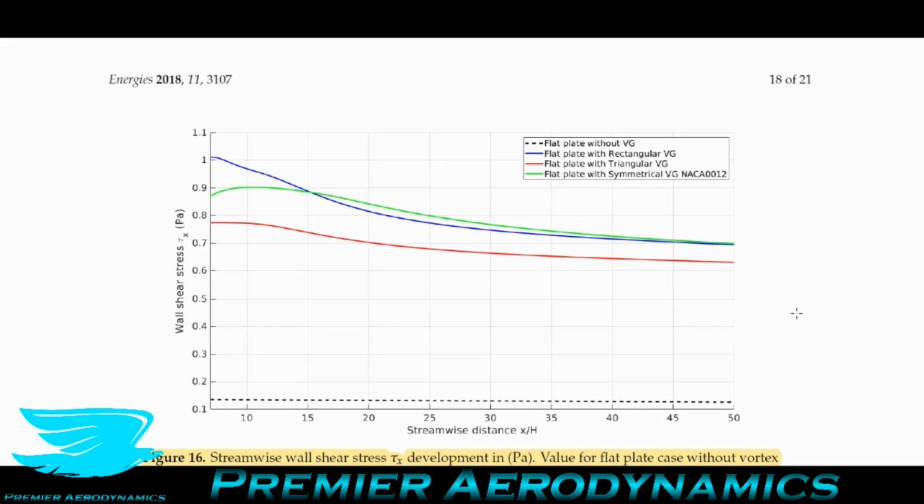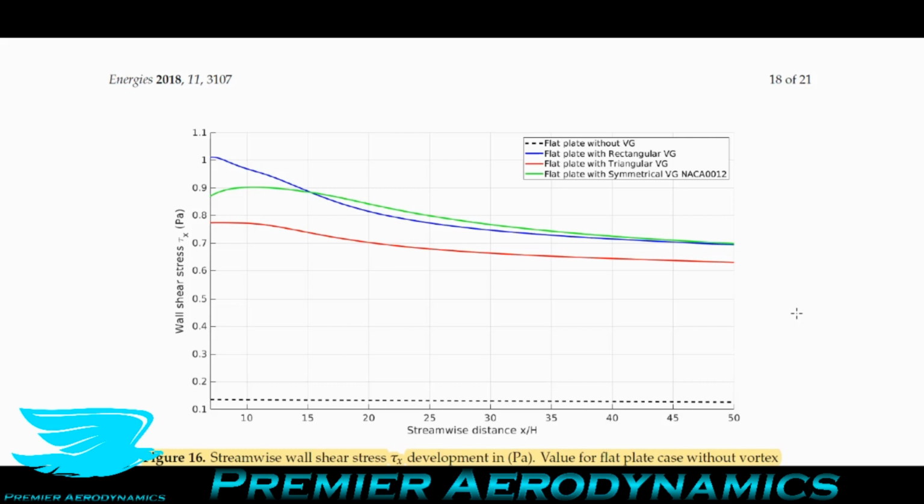But for the entire distance, the vortex coming off of the triangular vortex generator is always about 10 to 20% lower. So that's quite interesting, that even though the NACA 0012 vortex generator was producing vortices with a similar maximum vorticity as the rectangular one, the wall shear stress is lower for the triangular vortex generator.